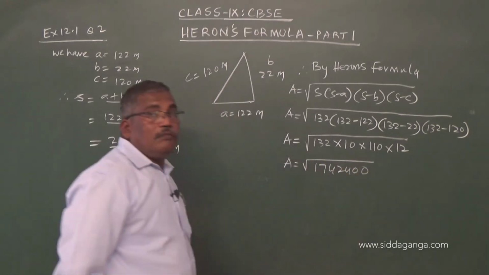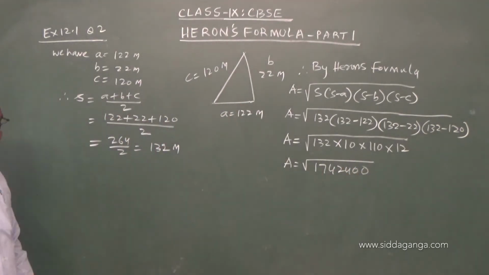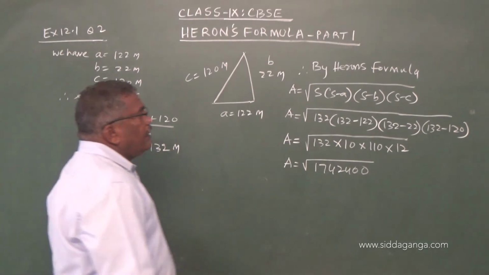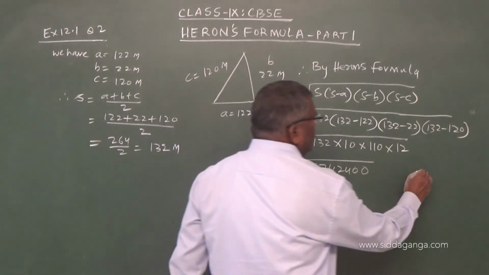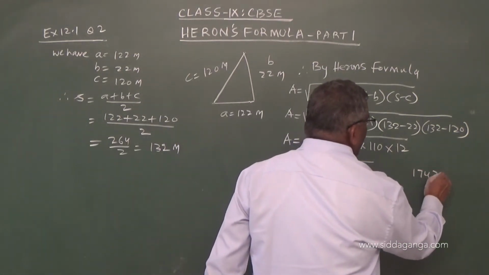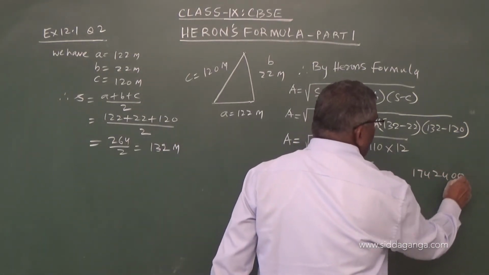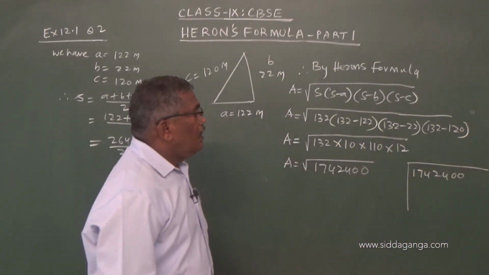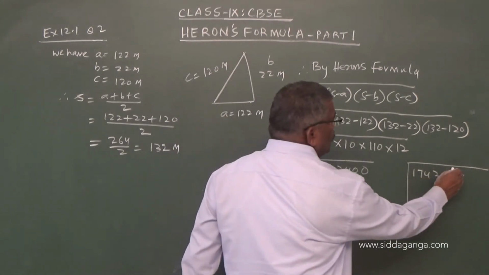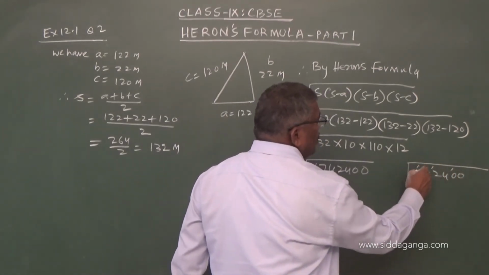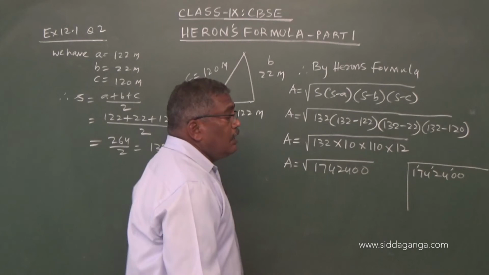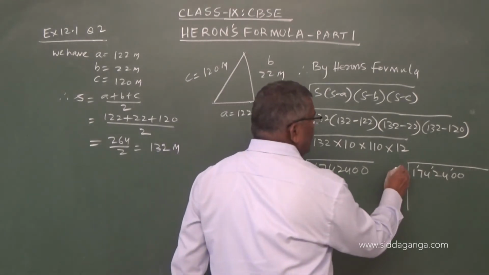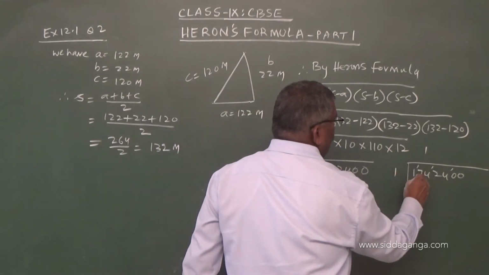Now this equals under the square root 1742400. Now calculate the square root of this. Group from left in twos. The first group is a single digit. So take 1, ones are 1.